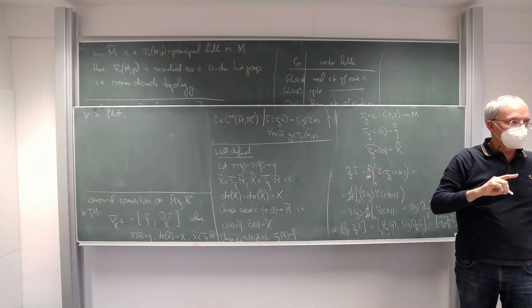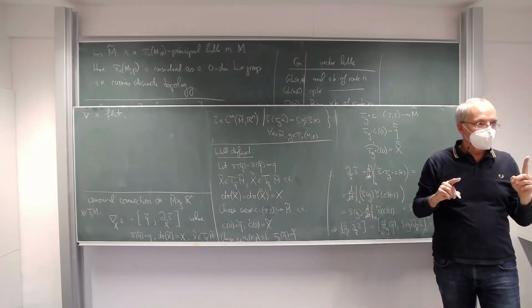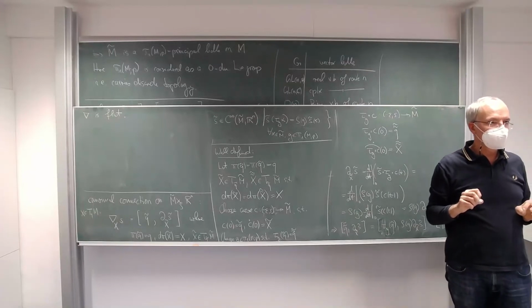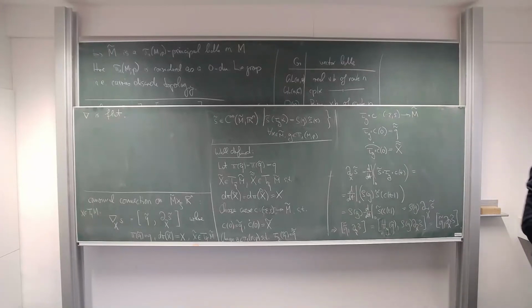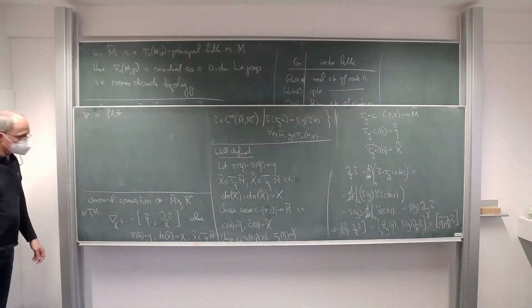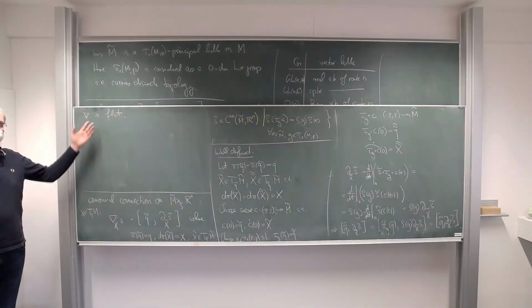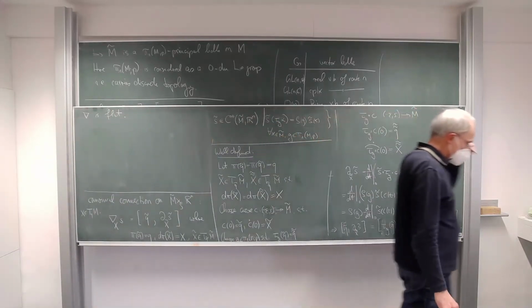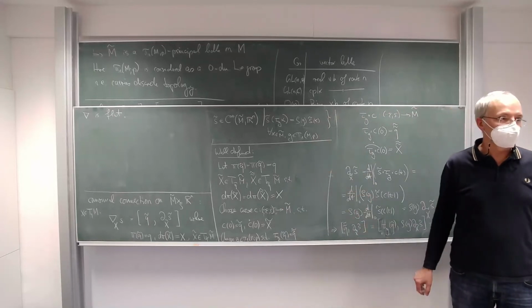But here we don't have a vertical part. Right? The fibers are discrete, so the vertical tangent spaces are 0. But the way I describe it here, you cannot do it directly. Yeah, well, that's one way to view it. So the curvature comes from the vertical part of the bundle, and this is 0 here in this case.